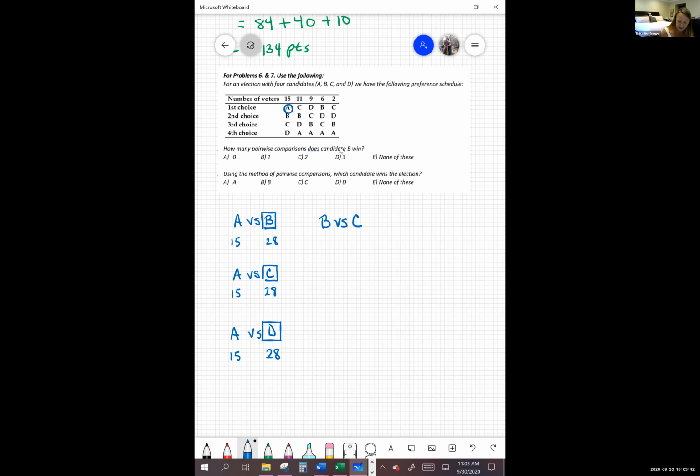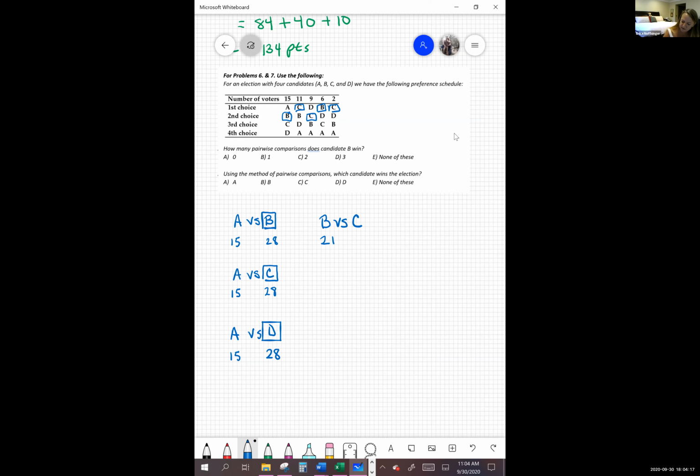And now we need to see B versus C. Let me see. So B versus C. B is the winner here. C here, C, B, C. Okay, so the number of times that B is the winner over C is going to be 15 plus 6, so there's 21 times.